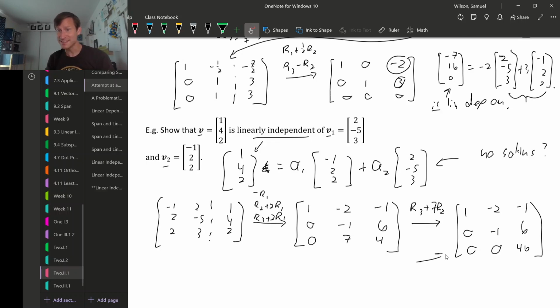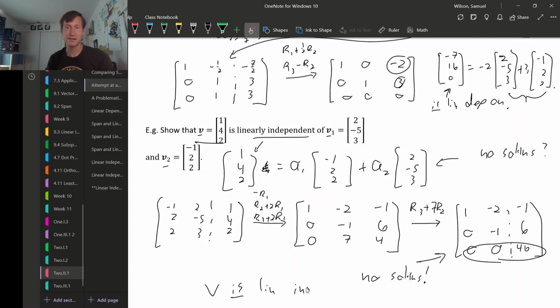And if you look at this system, because this is an augmented matrix representing a non-homogeneous linear system, this has no solutions because of this row, right? No solutions. All right. So that means that V is linearly independent of the others, V1 and V2.